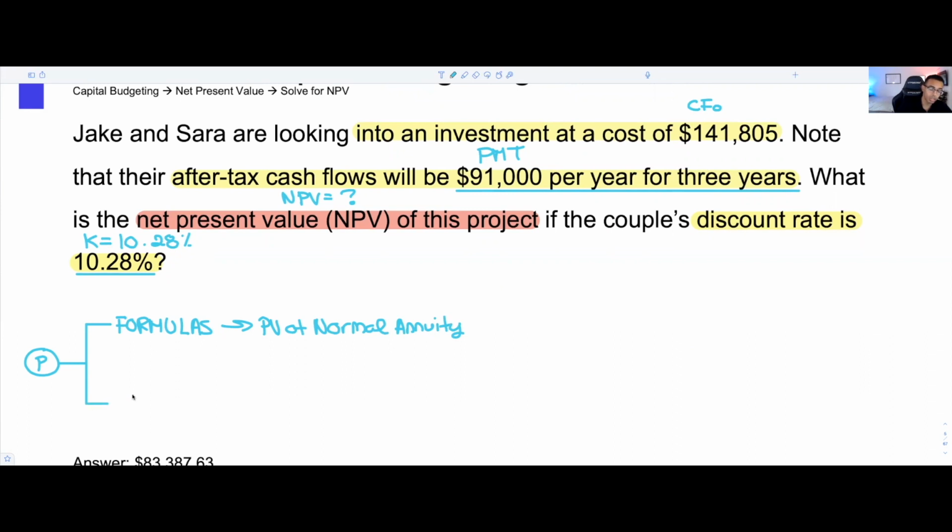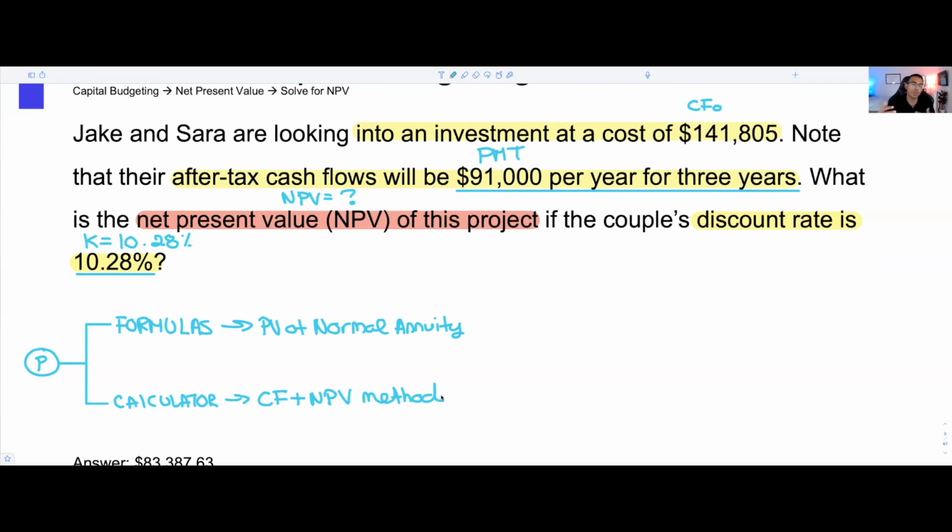Or you could use the calculator method, which will require you to use the CF plus NPV function. I'm going to give you a good overview of both of them because why not. In this video, you'll understand how to use the formula method or the calculator method.